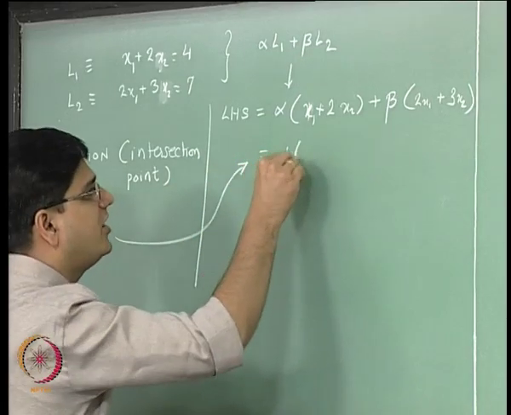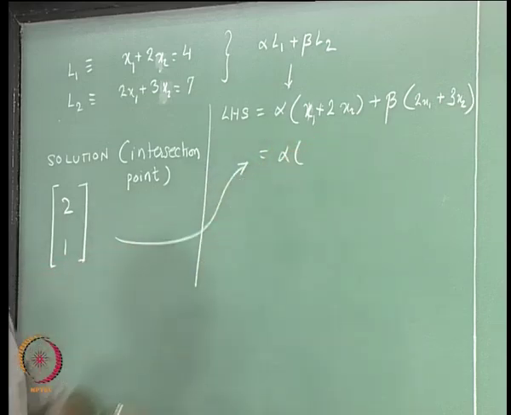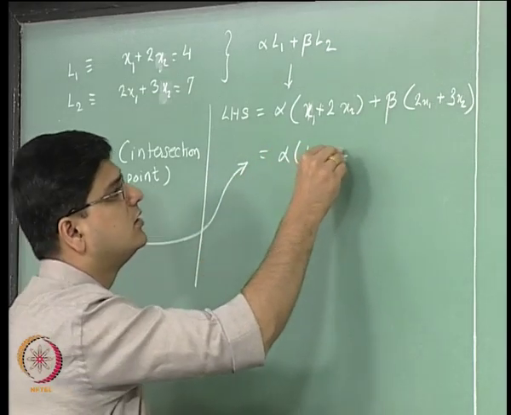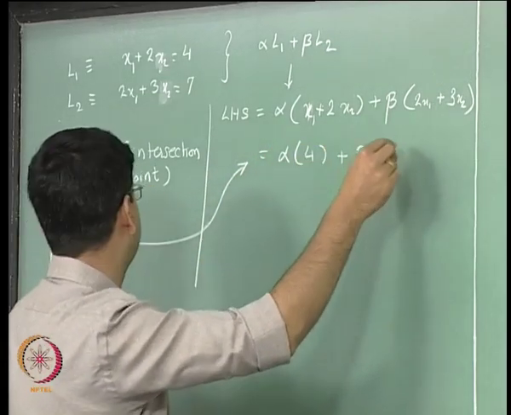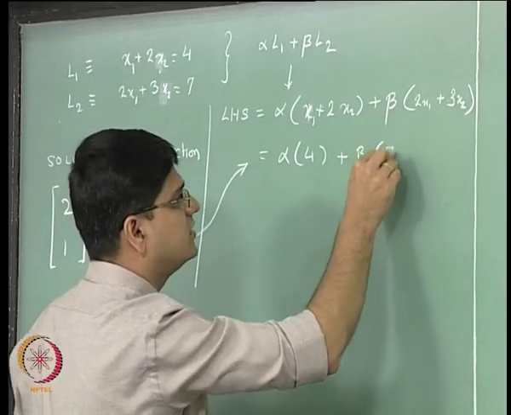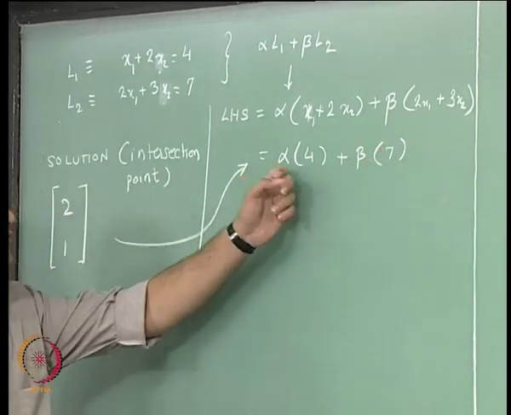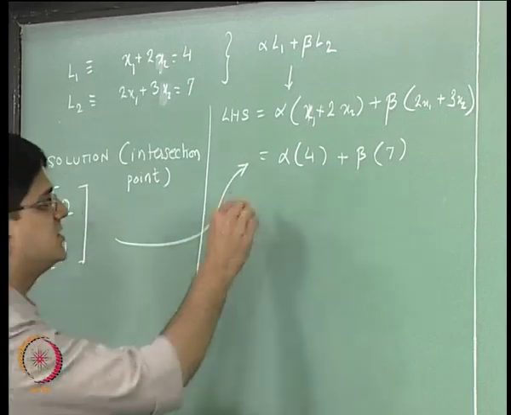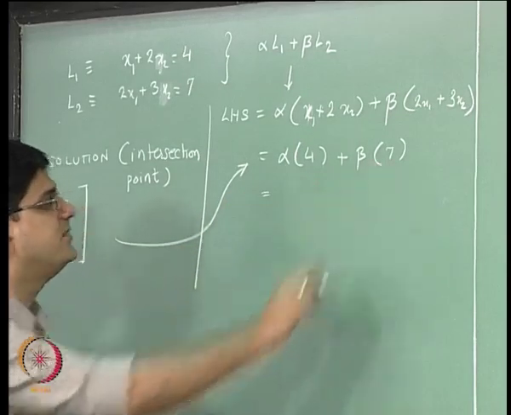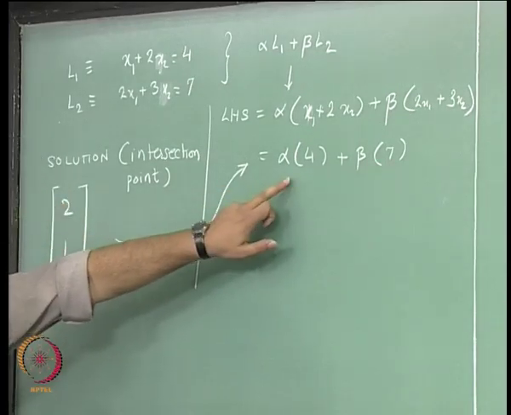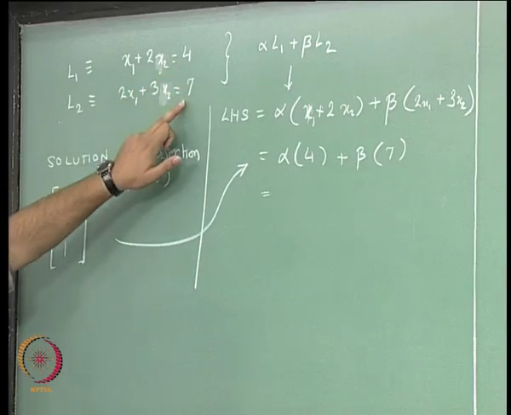We will get alpha multiplied by 2 plus 2, that is 4, plus beta multiplied by 4 plus 3, that is 7. Okay. So we have 4 alpha plus 7 beta, or alpha multiplied by 4 plus beta multiplied by 7, that is nothing but the RHS of alpha L1 plus beta L2.